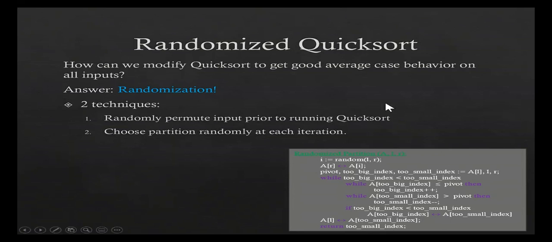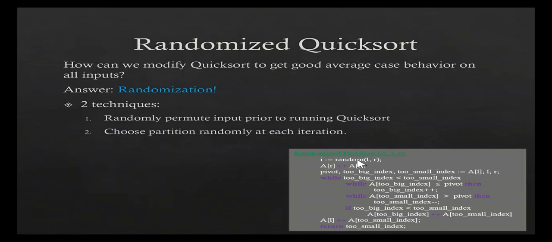If we want to make a randomized quicksort, we have the same code, just a little bit of a trick change. First we perform a random selection.